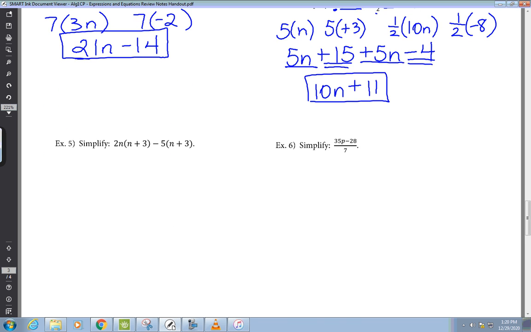So 5 and 6, two more examples of simplifying. So 1, we have 2 parentheses. We just did an example like that. However, now we have a variable being multiplied times itself. Anytime you take a variable and multiply it times itself, that's that variable squared.